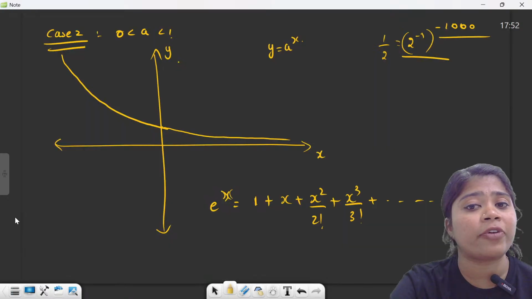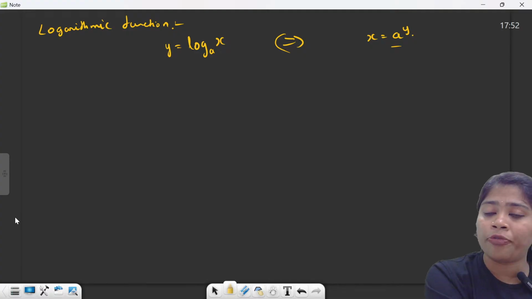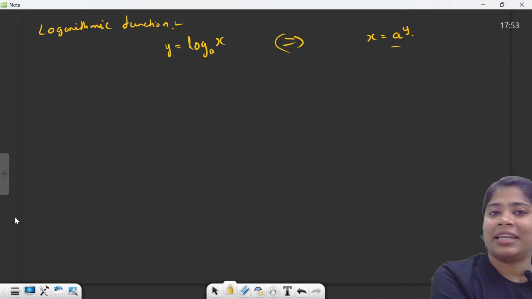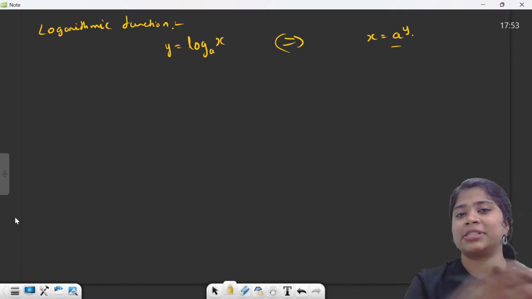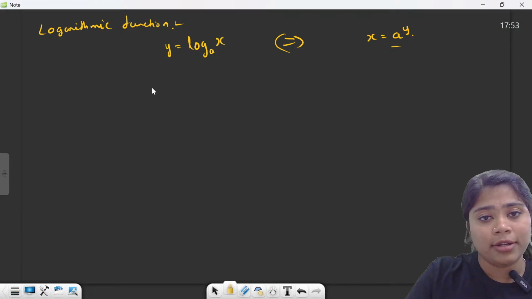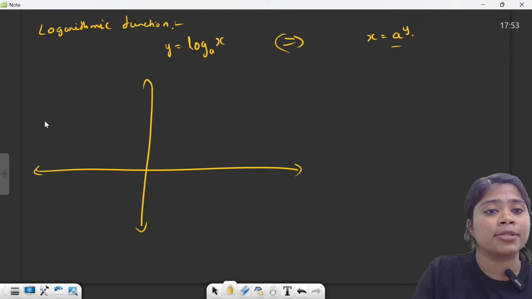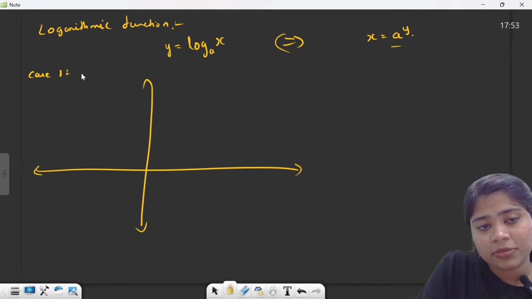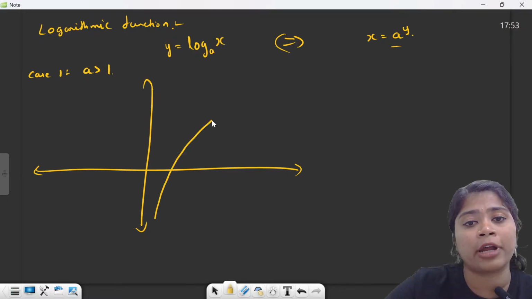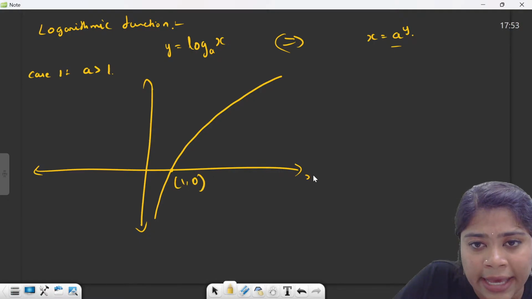So the logarithmic function is nothing but the inverse function of the exponential function. The domain of the exponential function is the range of the logarithm, and the range of the exponential function is the domain of the logarithm. So what is the domain of the logarithmic function? Here also there are two cases. Case 1, when a is greater than 1. You are supposed to draw the graph like this. This particular point is 1, 0. This is xy.